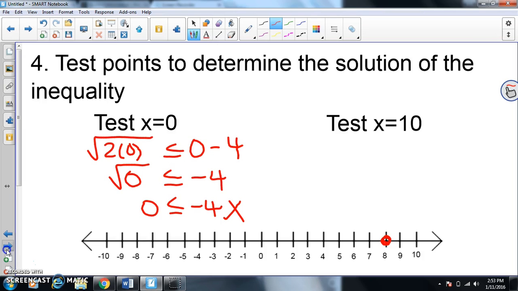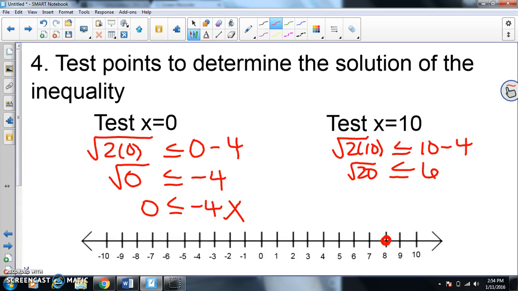No. That side is not going to work. Then we need to test x is equal to 10. The square root of 2 times 10 less than or equal to 10 minus 4. Is the square root of 20 less than or equal to 6? The square root of 20 is about 4.47, which is less than 6. So what we're saying is the right side of 8 is true, the left side of 8 is not.